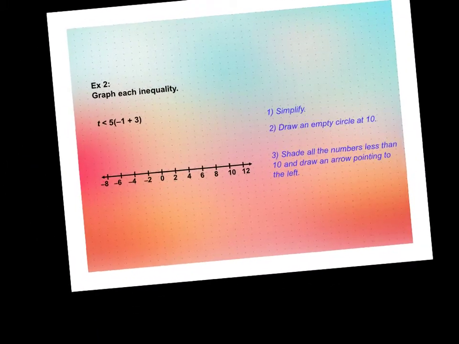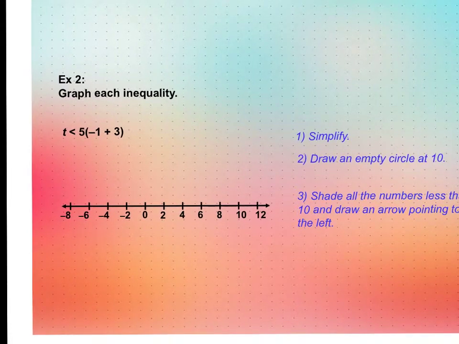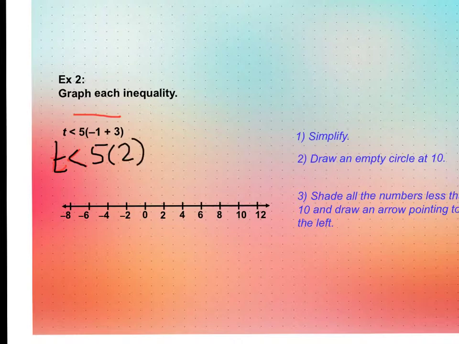Okay, let's look at another example. Here we're going to have to graph this inequality, but notice I'm going to have to simplify the right-hand side. So I have t less than 5, and we always do what's in the parentheses. Negative 1 plus 3 is positive 2.